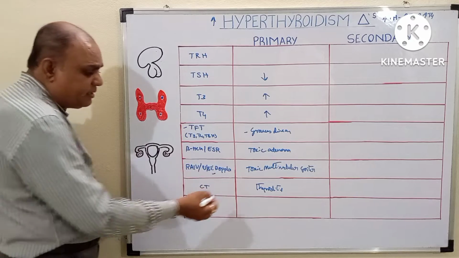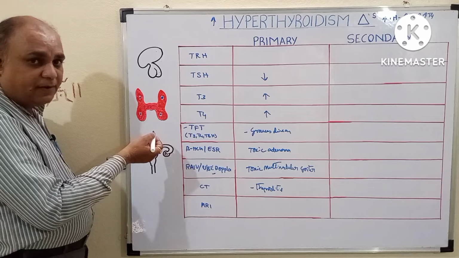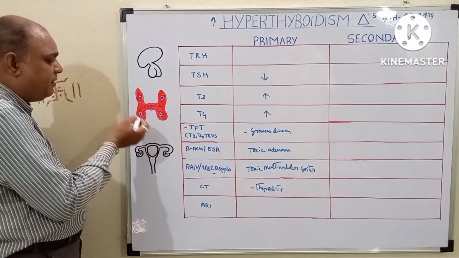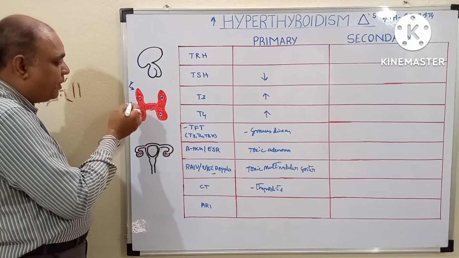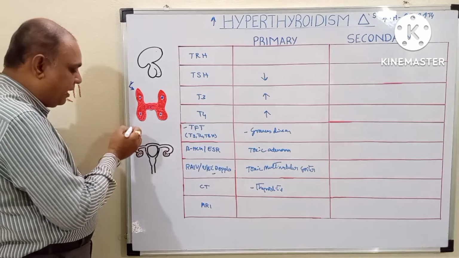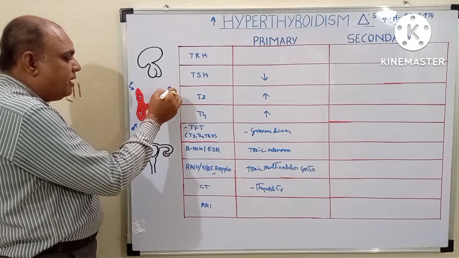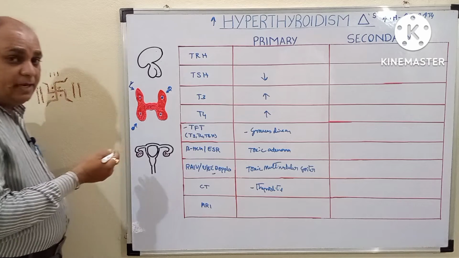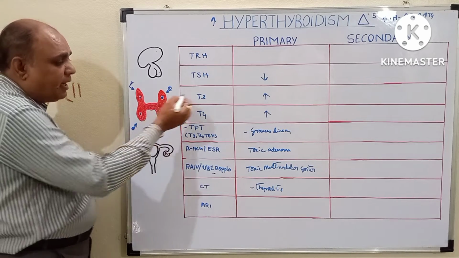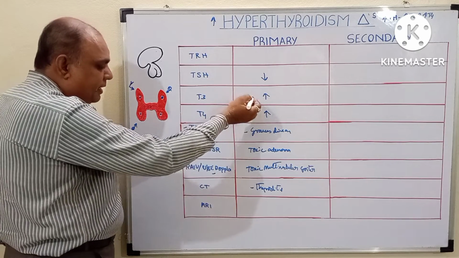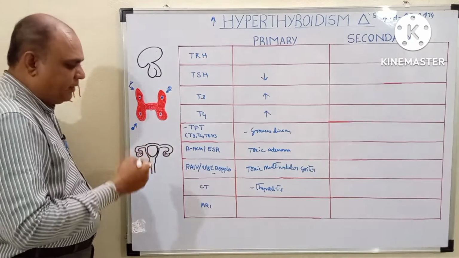Now the next is thyroiditis. Thyroiditis is inflammation of the thyroid gland. That inflammation may be due to our own antibodies acting against the thyroid gland, or due to viral infection, or any drug induced thyroid inflammation may take place, due to which the thyroid hormone levels will increase, and that may lead to primary hyperthyroidism.